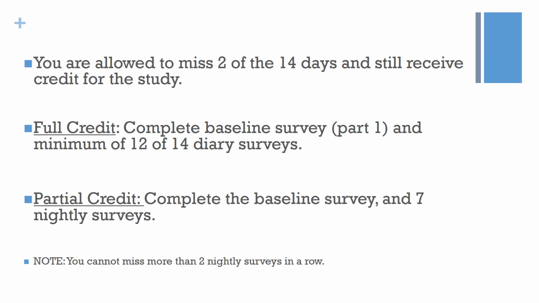If you miss more than 2 diaries in a row, you will become ineligible for credit. That is, if you complete 2 nights of the diary but then miss 3 nightly surveys, you will become ineligible to receive any credit. But if you complete 7 nights of the diaries and then miss 3 nightly surveys, you will only be able to earn the partial credit.